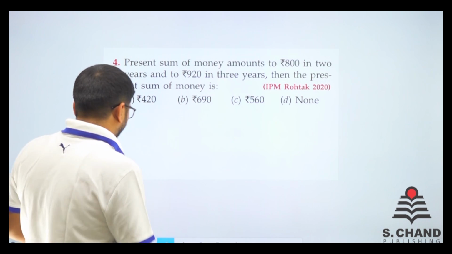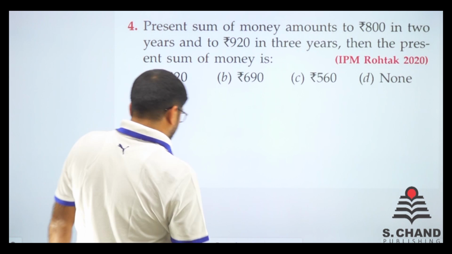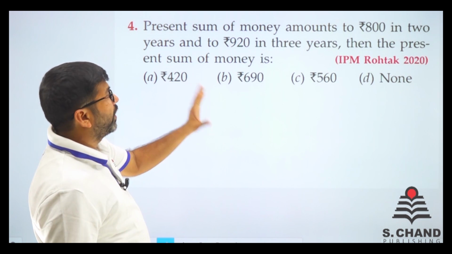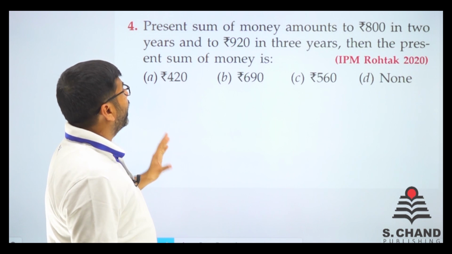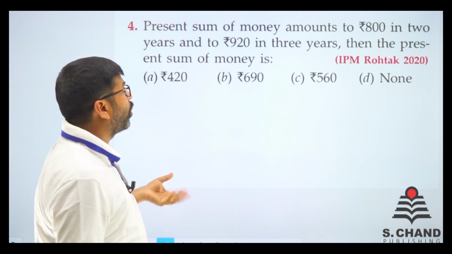Here we go. Question number 4. IIPM Rohtak 2020, very recent question. Present sum of money amounts to 800 in 2 years and 920 in 3 years. Then the present sum of money is what?